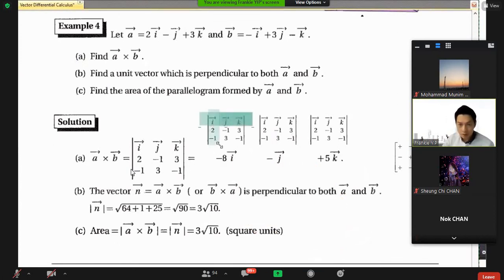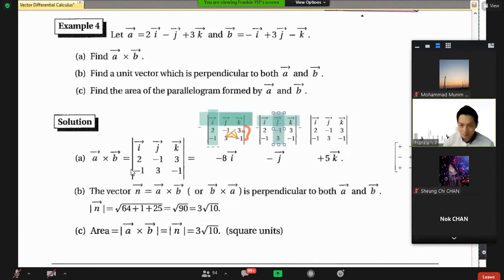I should highlight this one. How can I highlight others? So it should be this one. 1 minus 3 times 3. So it's correct. Sorry, maybe I haven't eaten lunch.